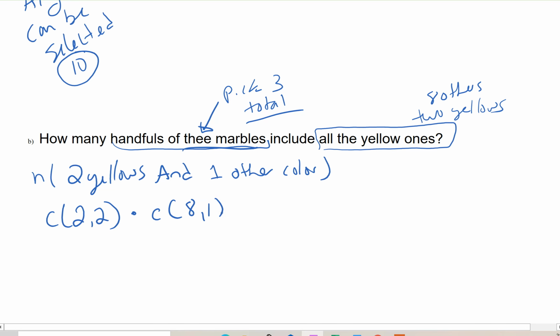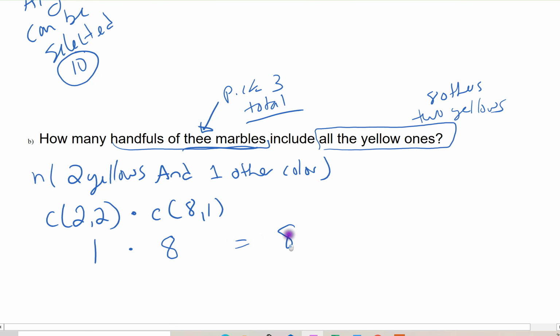If you go look, there should be 8 other colors in my bag of marbles besides yellow. 2, choose 2. Whenever it's a combination and I'm choosing them all, and you could double check this by typing it in the calculator, that's always 1. There's only one way to choose all of the colors. And then whenever it's a combination, 8, choose 1. Alright, that always comes out the total whenever I choose 1 in a combination. So there are only 8 ways I can choose one of the other colors.